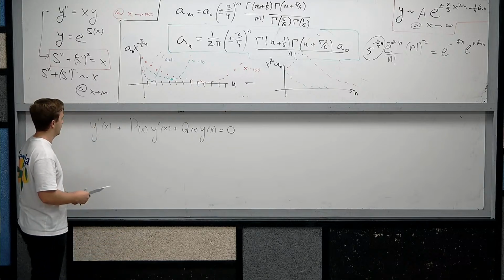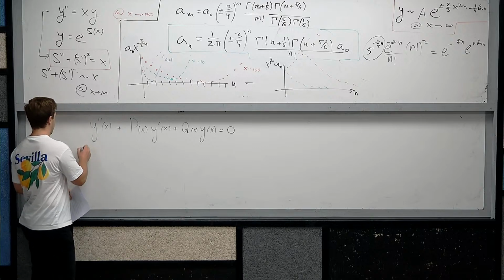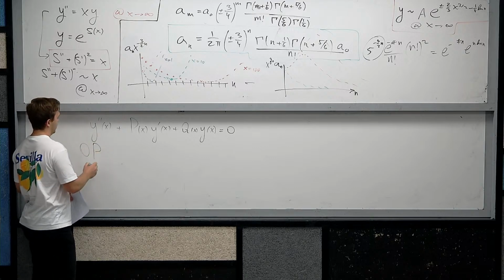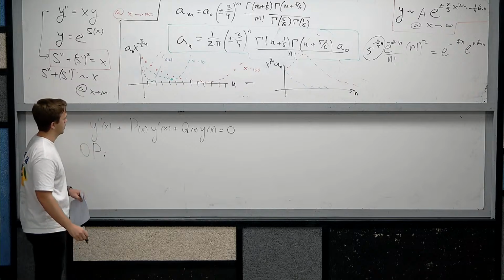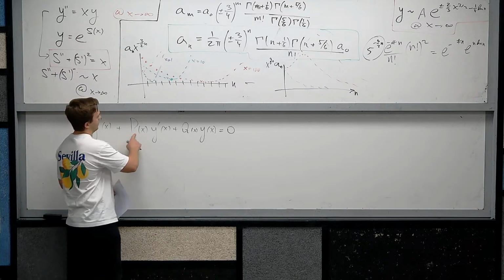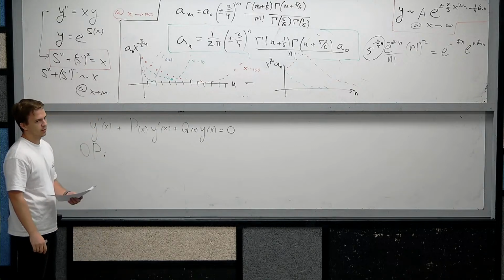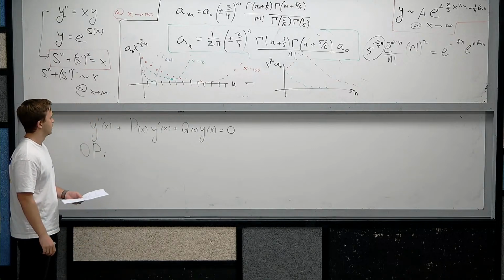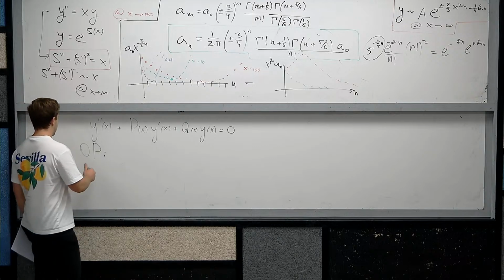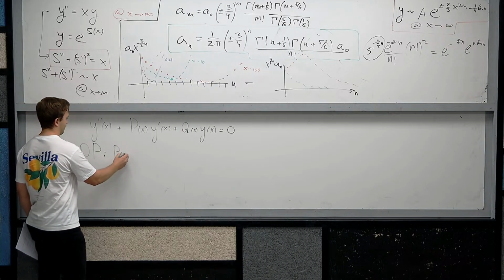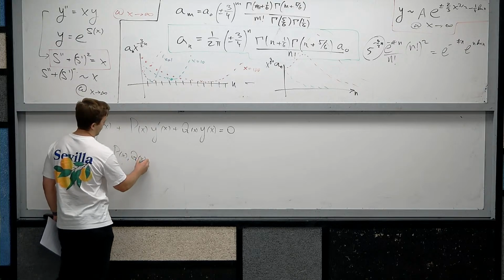The first one is just ordinary points. In these points, functions p of x and q of x are analytic, so you can easily expand them in Taylor series.